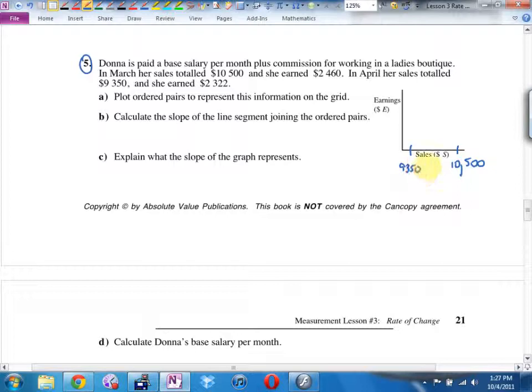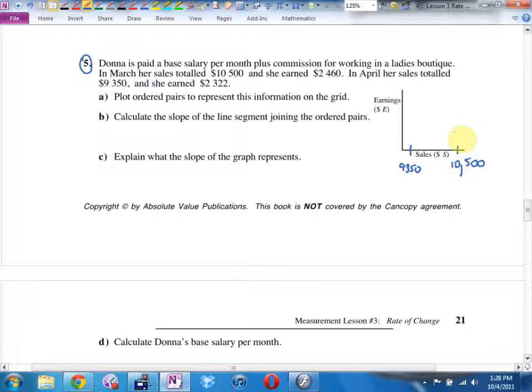Now, that's a dumb scale because right now you're saying, Mr. Dueck, if that's 10,000, shouldn't 9,000 be right about there? I'm not interested in being accurate. Instead, Emily, I want lots of room so I can figure out what the heck's going on. Okay? I'm doing a sketch. There's no grids here, so I don't need to try counting.